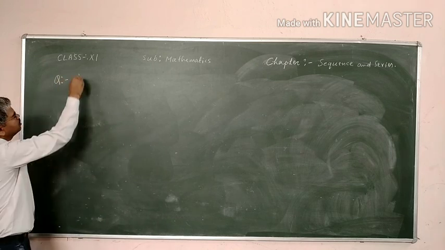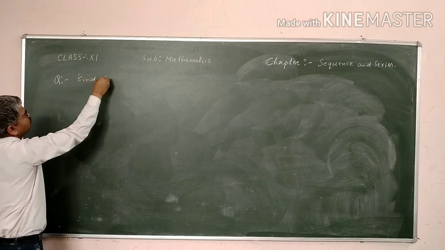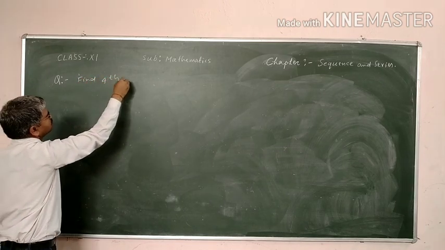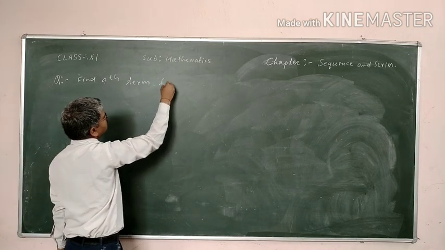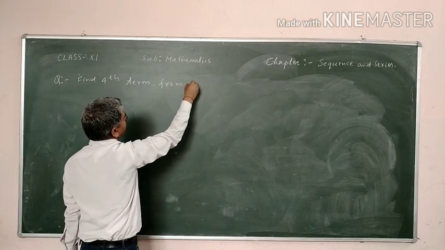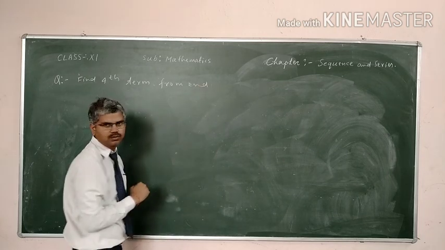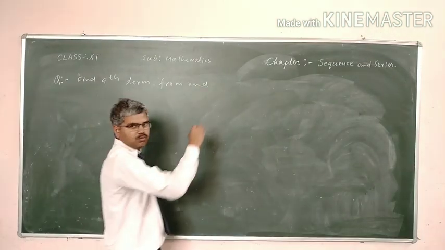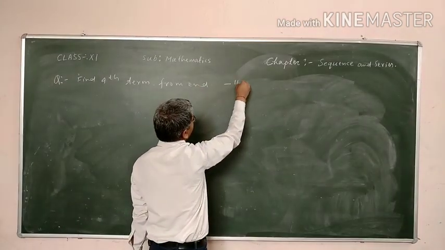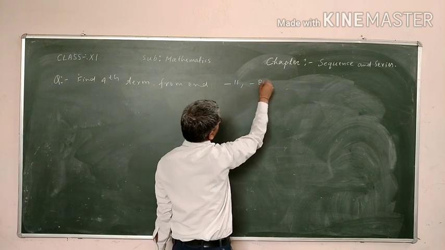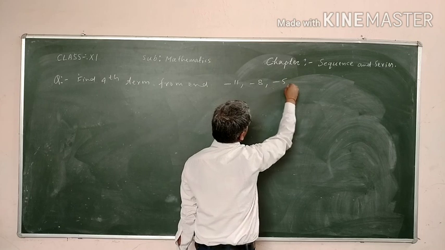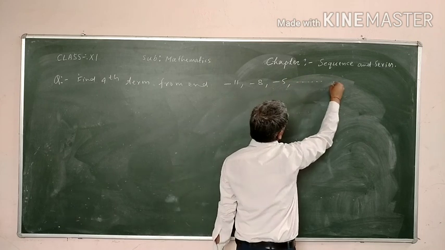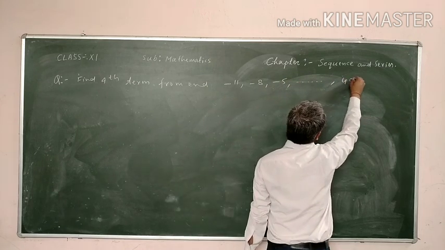Find the fourth term from the end of the sequence minus 11, minus 8, minus 5, up to 49.